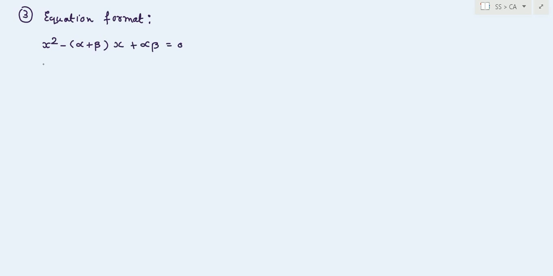Okay, where alpha plus beta is equals to what? It is the sum of roots and it is minus b upon a, while alpha beta is the product of roots and the formula is c upon a. Okay, now fourth point.